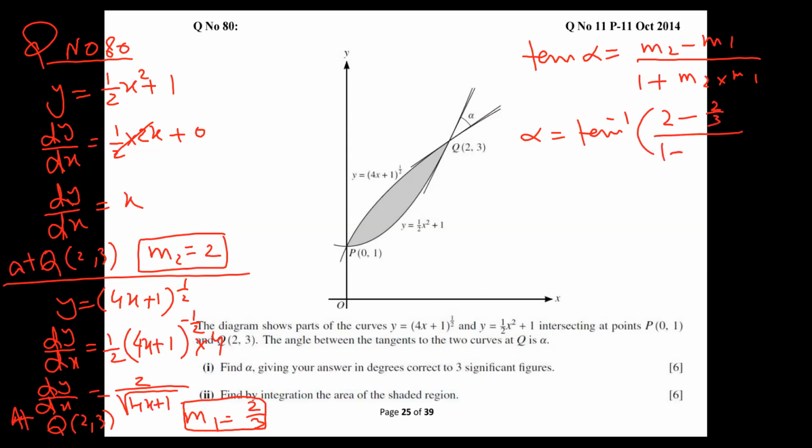So 1 plus 2 times 2 by 3. I'm going to type it in the calculator and let's see what answer comes. Okay, so 2 minus 2 divided by 3, divided by 1 plus 4 divided by 3. And the answer is alpha 29.7 degrees.